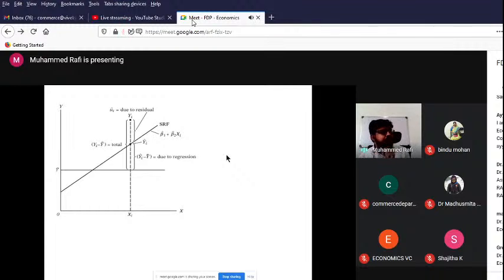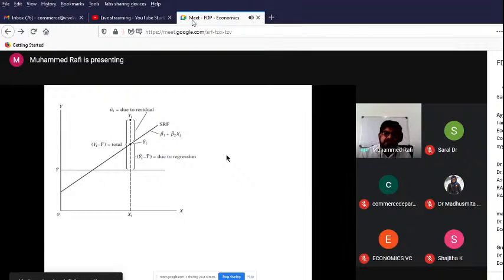If at a particular point y is represented by yi, then the total deviation of y from its mean is given as yi minus y bar. So that is the total deviation. That total deviation you can split into two.